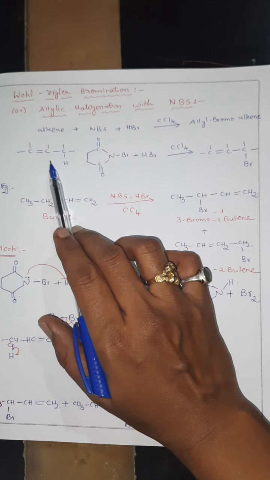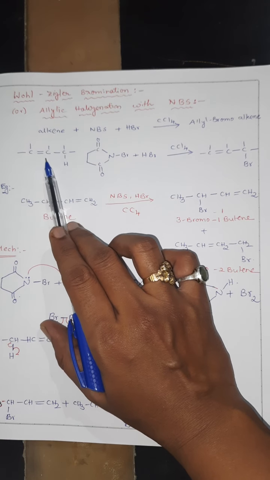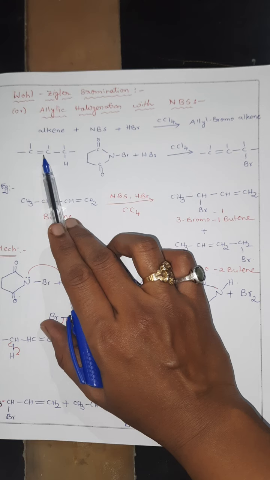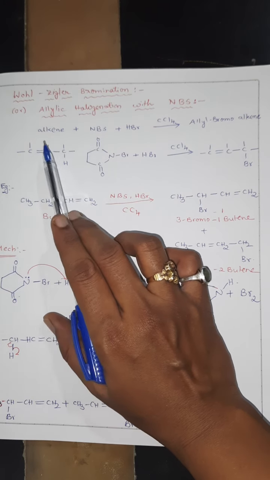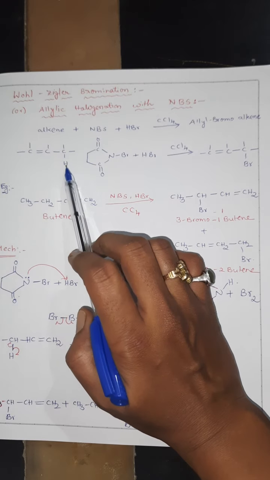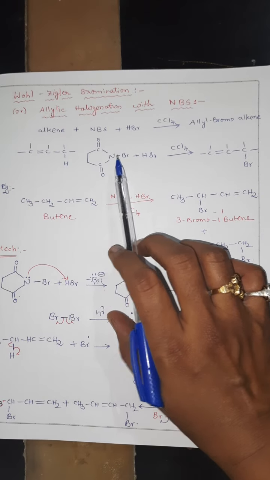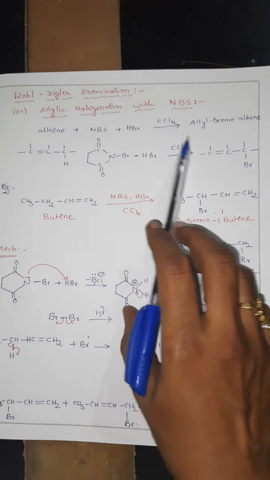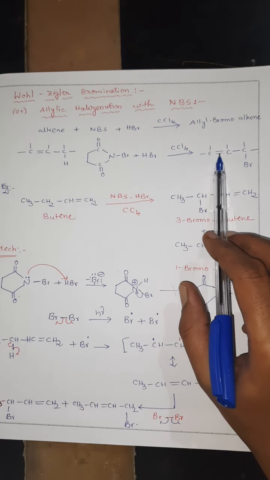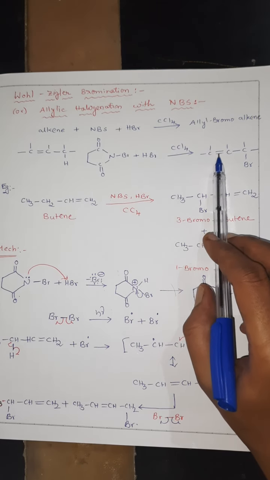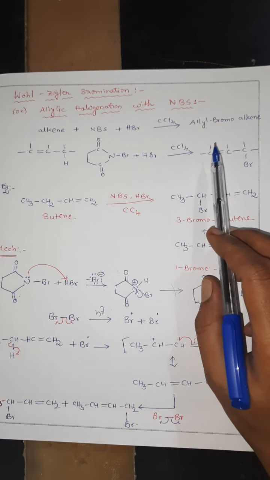But when we treat the same alkene having allyl hydrogen with N-bromosuccinimide, it undergoes a substitution reaction instead of an addition reaction. This is the special feature of the Wohl-Ziegler bromination reaction.